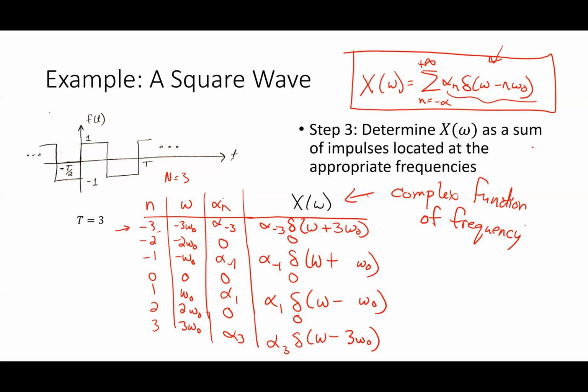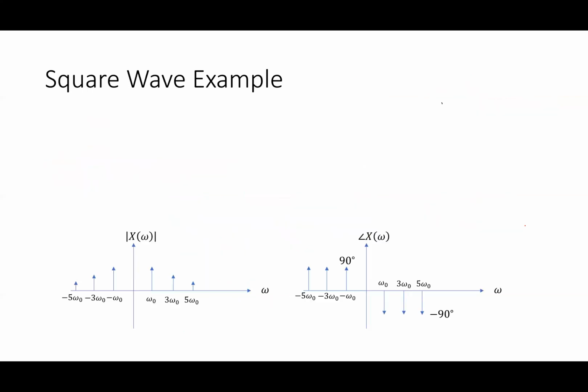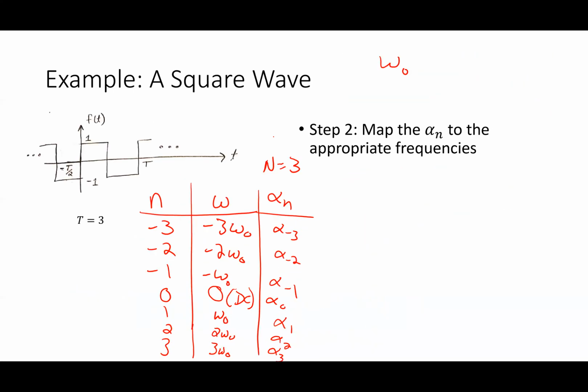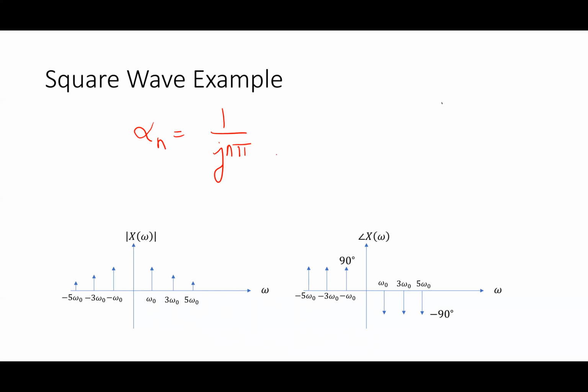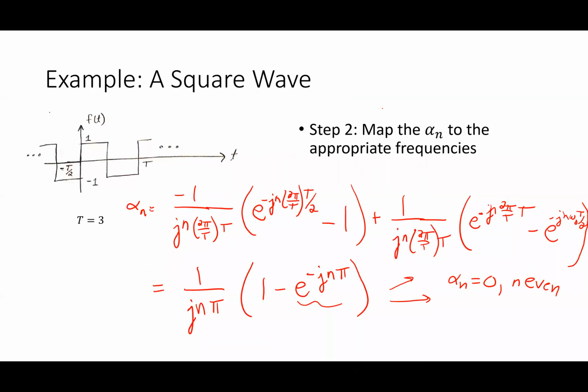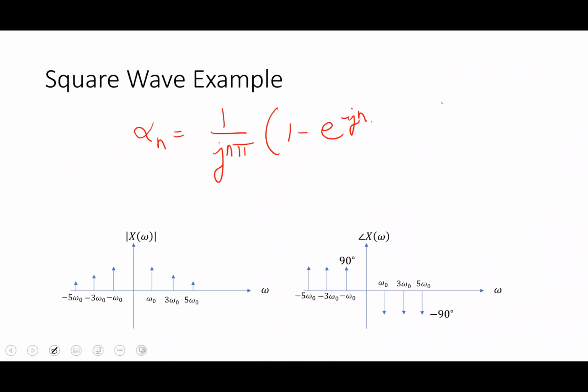So in the context of what you have in your homework, what you end up doing is making what those graphs look like. This is what it would look like if you go through that math where I had alpha n equals 1 over j n pi times 1 minus e to the negative j n pi.